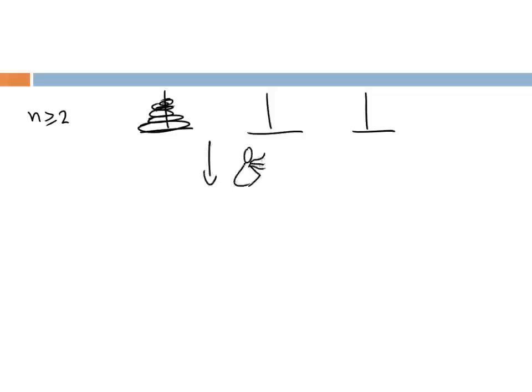And the recursion devi will solve problems of size n-1. So you can call the recursion devi and ask her to transfer the top n-1 disks from the first spindle to the second spindle. So she would do that. You will have the largest disk on the first spindle and the other n-1 disks on the second spindle, right?